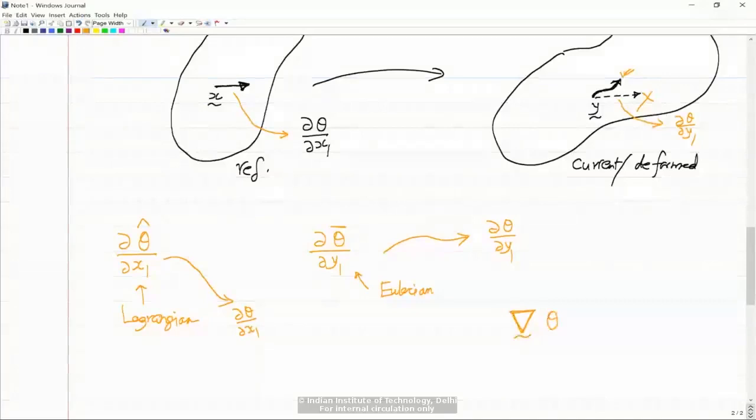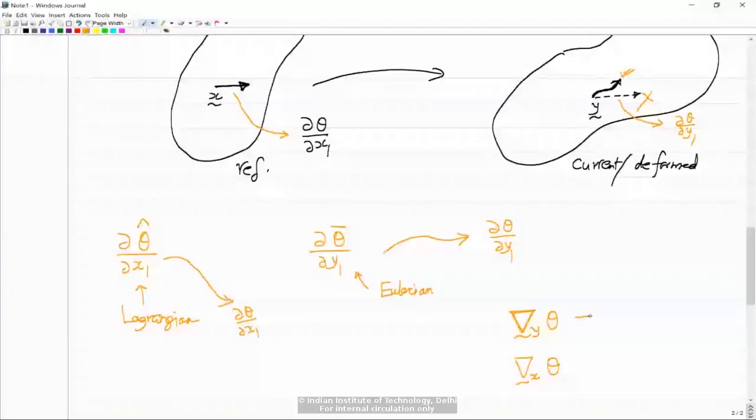But you see, when you write like this, it is not clear whether it is the Lagrangian gradient, or is it the spatial or the Eulerian gradient, isn't it? So therefore, often people will also use a subscript here, let us say y, to denote that it's actually the Eulerian gradient, or you just subscript here x to denote that it is actually the Lagrangian gradient.